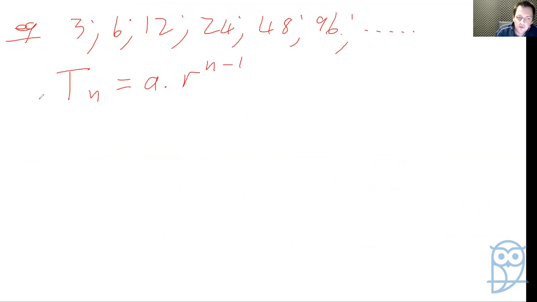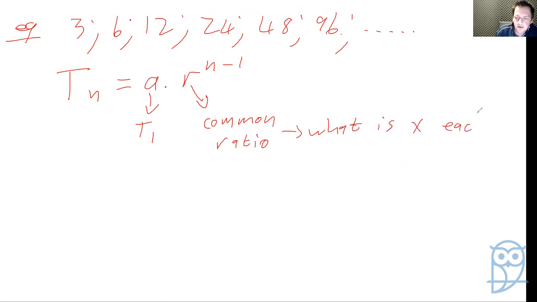So this is my formula for the general form of a geometric or exponential pattern. And what do these represent? Well, a represents my first term. r represents my common ratio. And my common ratio is what is multiplied each time to get to the next term.